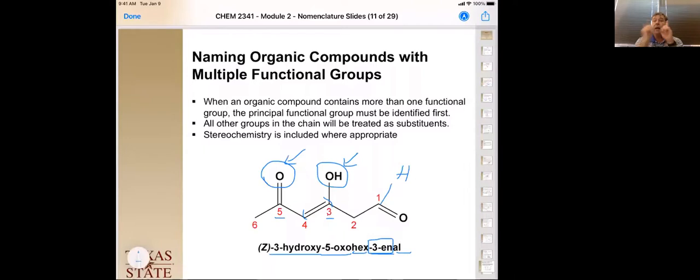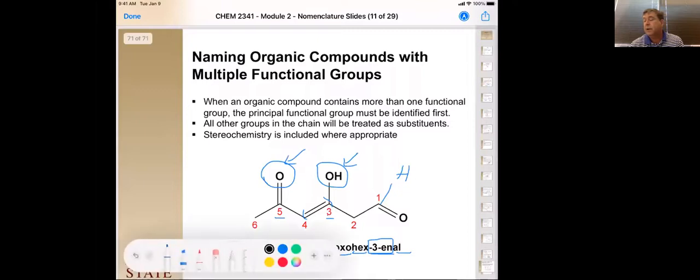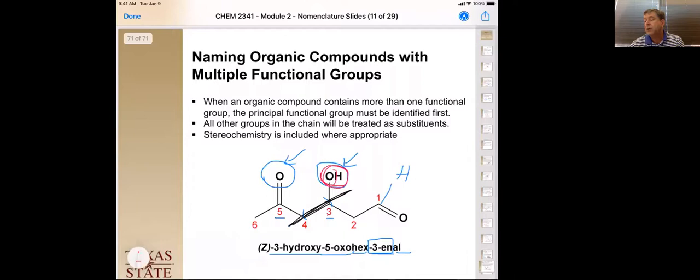Okay, now our stereochemistry. We have 3 things bonded to our double bond, so we have to do priority. If we look at this right here, on one side, the oxygen is higher priority than the carbon. So this is priority. If we look at the other side of the double bond, we have a hydrogen and a carbon, and that carbon takes priority.